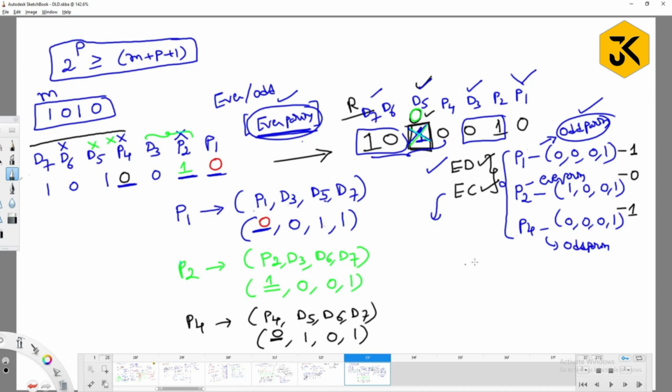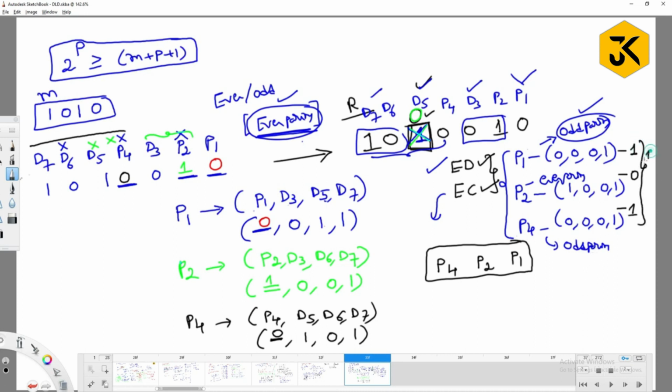Sometimes you may get something like 100. Then what will happen? At the checking side, you have to arrange the data in the order P4, P2, P1. As 101 is a palindrome, in any order it is 101, so there is no problem.